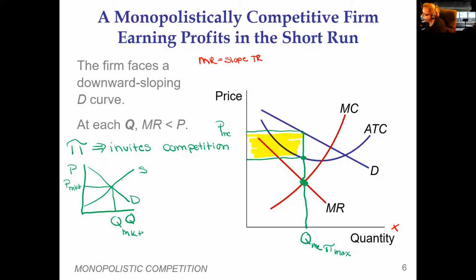As profitability happens, firms are going to enter into this particular market. And when they do that, that's going to shift the supply curve out for the market to S1. And I'll just say after competition.